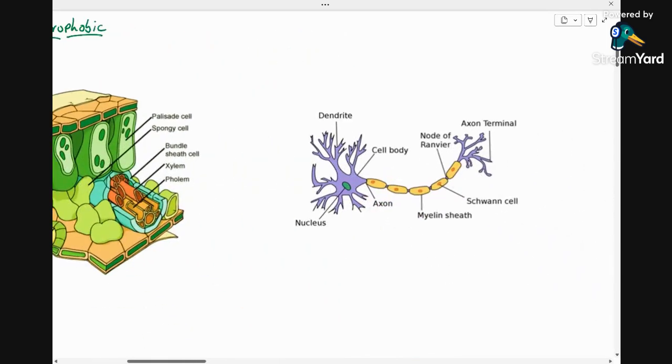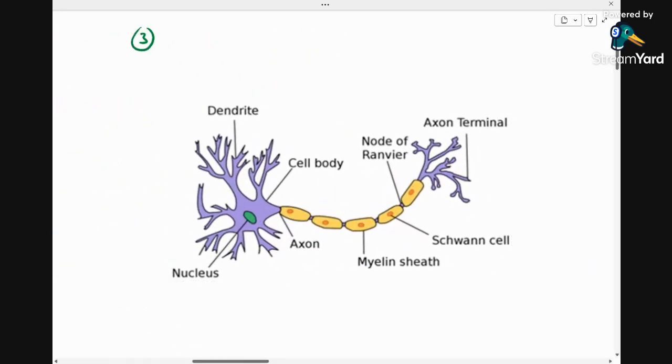The third one is shown here, where you have come across, hopefully before, electrical insulation. And this comes about because of this guy down here, the myelin sheath.